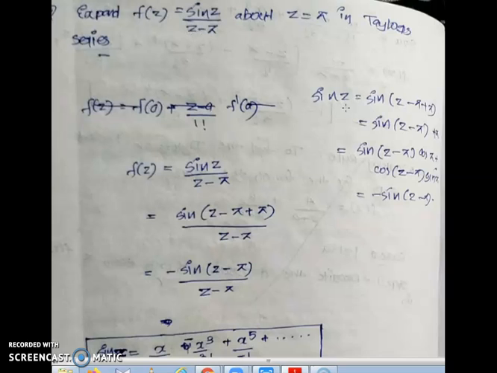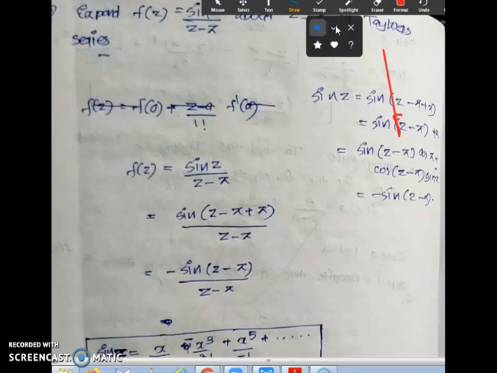So you see, sin z can be taken like this. In sin z we add and subtract pi, minus pi plus pi. Then we split this term: sin of z minus pi plus pi.